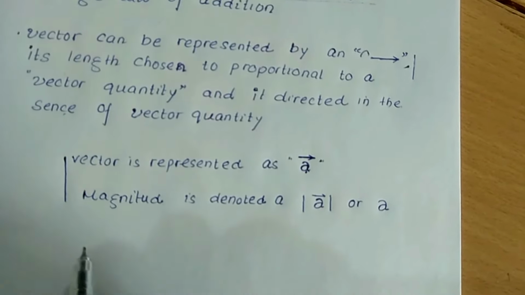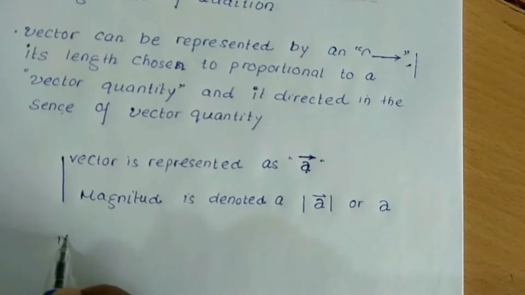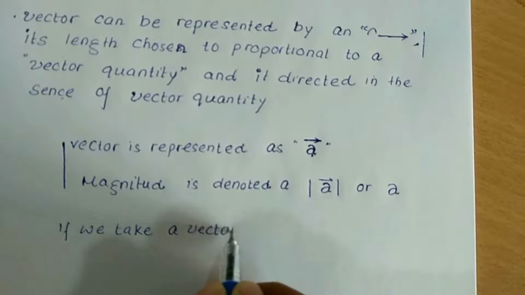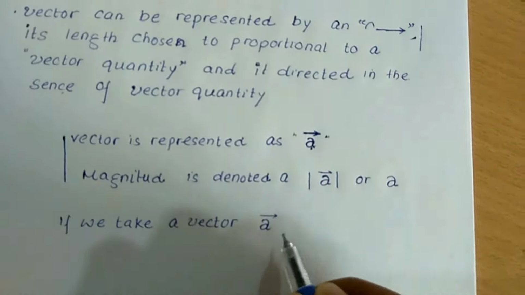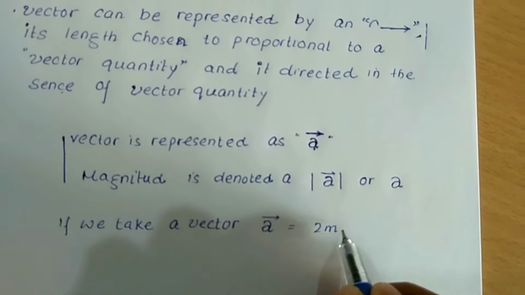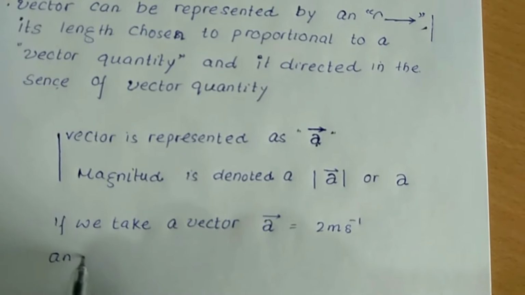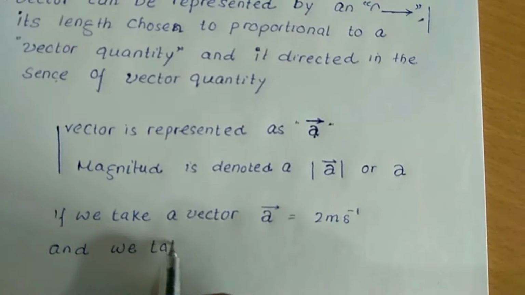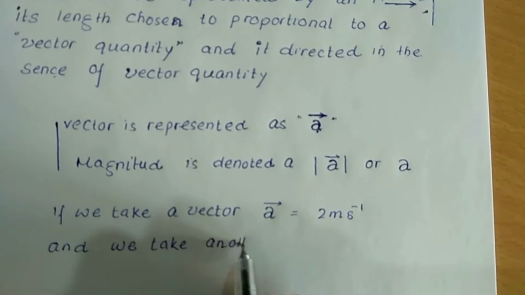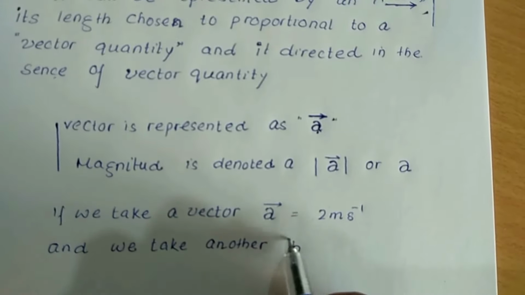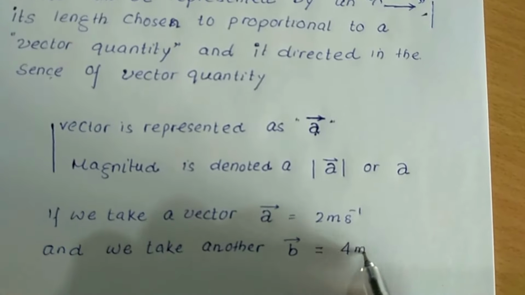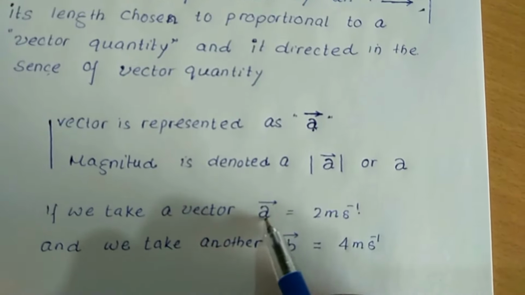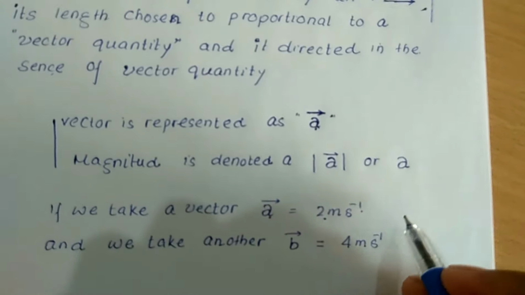A vector represented by an arrow means, if we take a vector A as 2 meters per second, and we take another vector B supposed to be 4 meters per second, these two representations are wrong, because A is a vector, but here the right side of these two vectors is only magnitude.